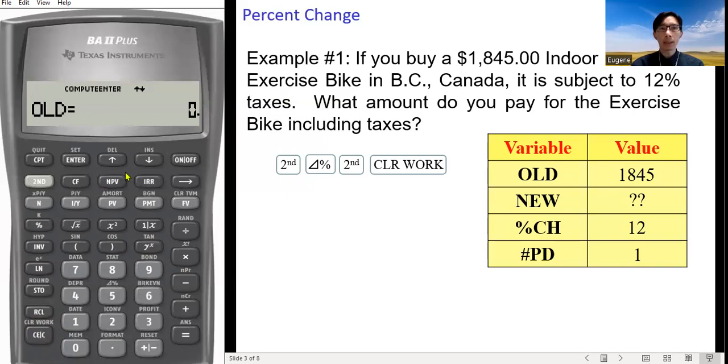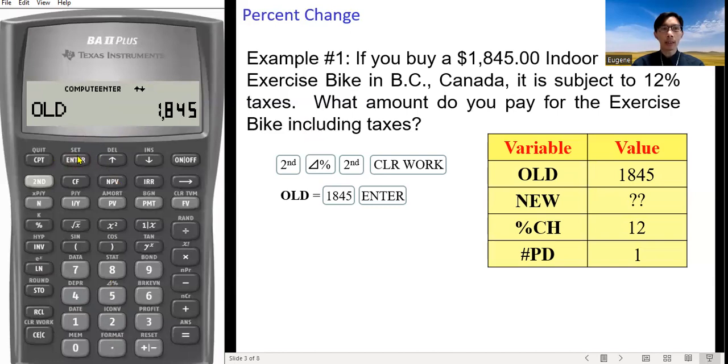We can enter the variables for this example. Variable old, $1,845. So we enter the number 1845. And then to input this variable, we need to press enter.